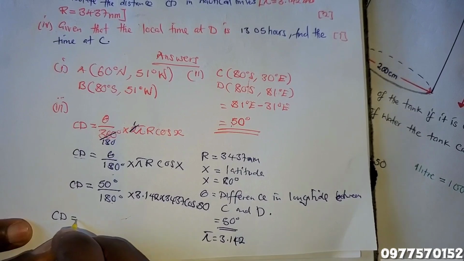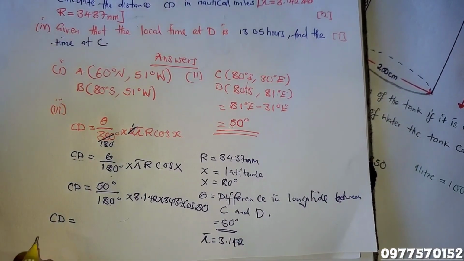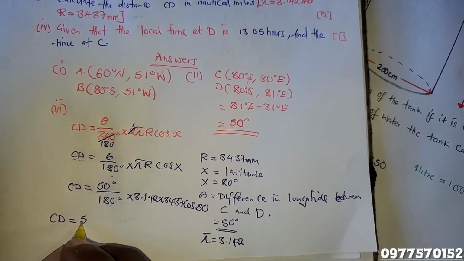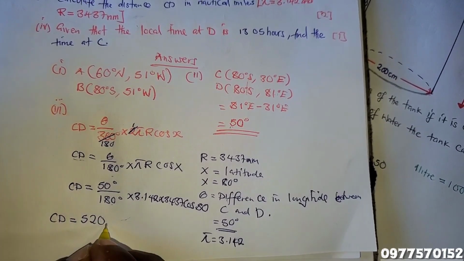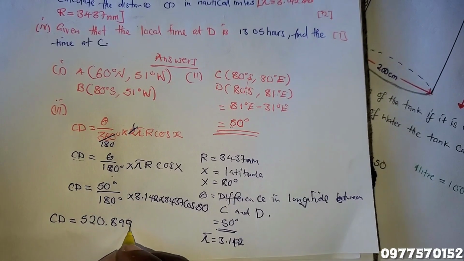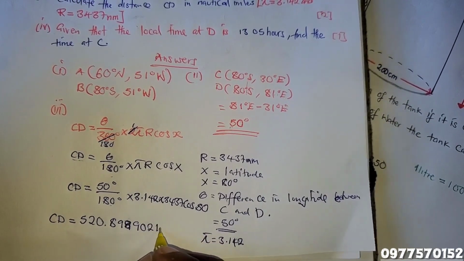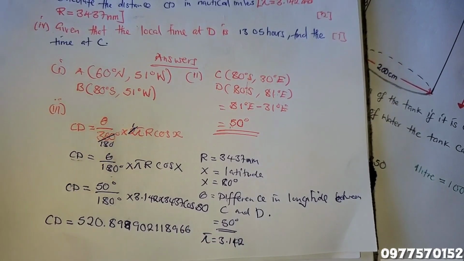So CD, after calculating, we find this is giving me 512.89889902118966. Now the degree of accuracy is not specified here.